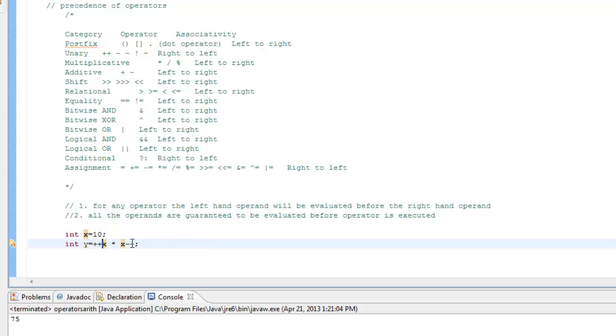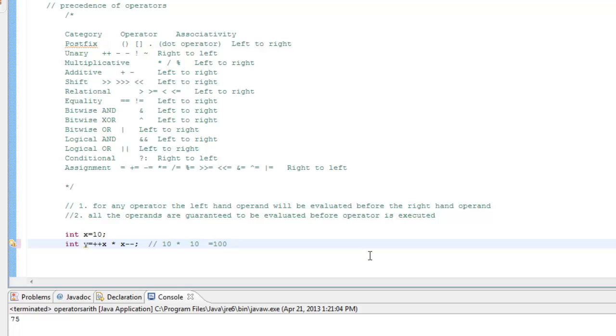Now the post increment has a higher precedence than the pre-increment. So in this case, as per the precedence, the value will come out to be, first this evaluates, so this will come out to be 10, then the value in the memory becomes 9, and this again will become 10 multiplied by 10. So this will come out to be 100.